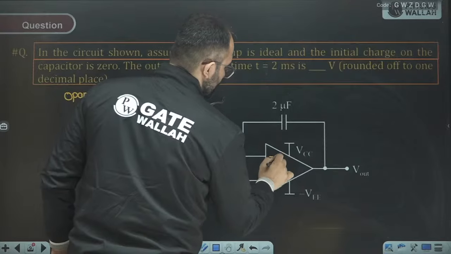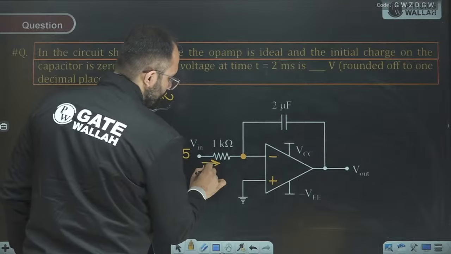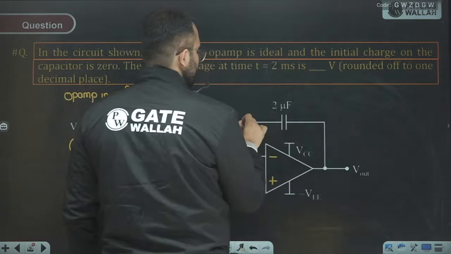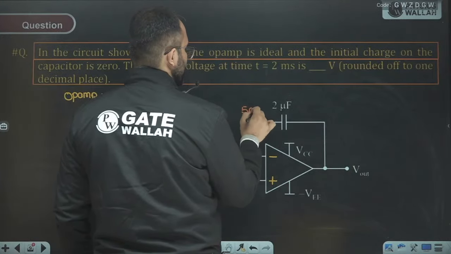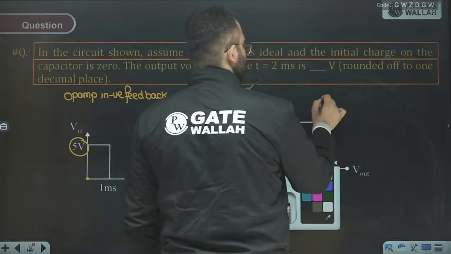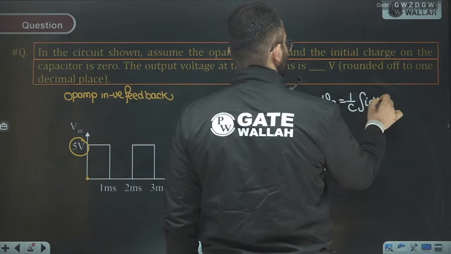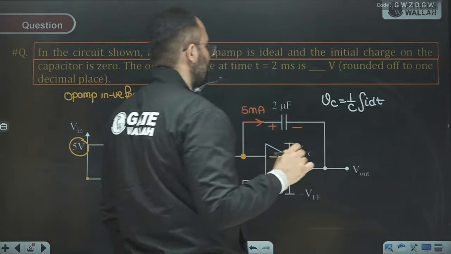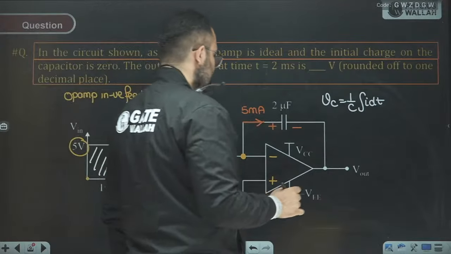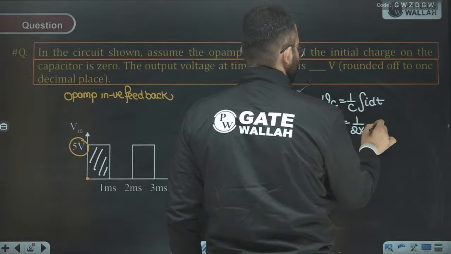So this is grounded. This is 5 milliampere current. 5 milliampere current will go here also, and the capacitor will start charging. So the voltage across the capacitor will be 1 upon C integral I dt, and the capacitor will charge for 1 millisecond, 1 upon 2 into 10 to power minus 6.